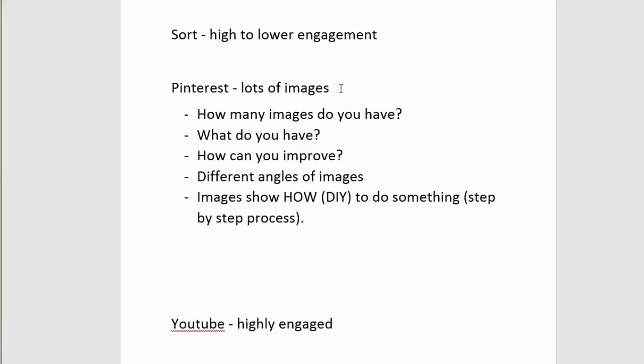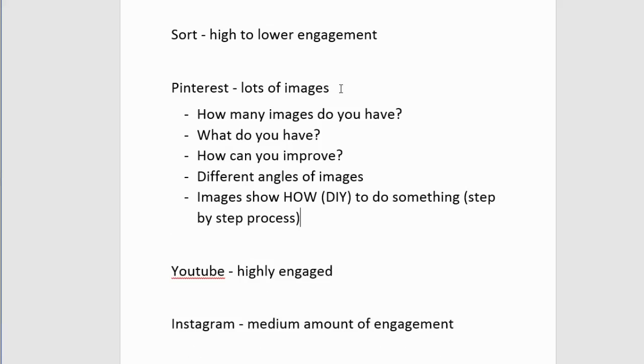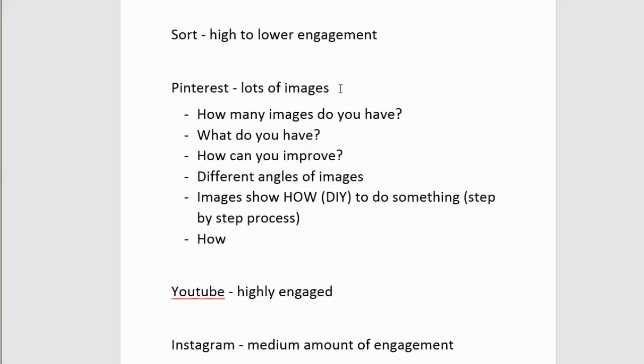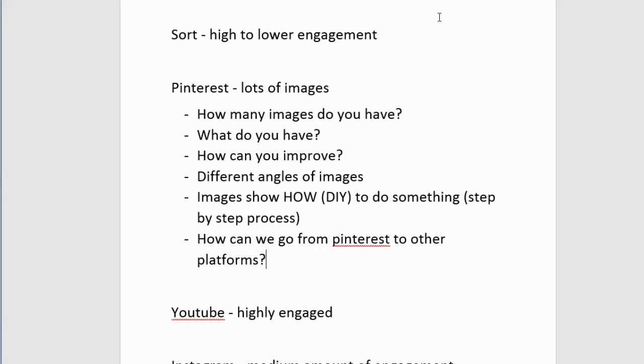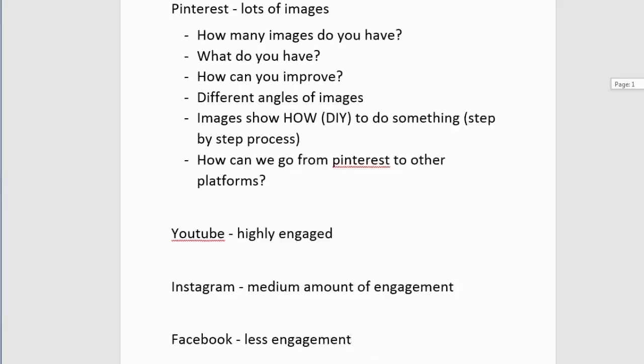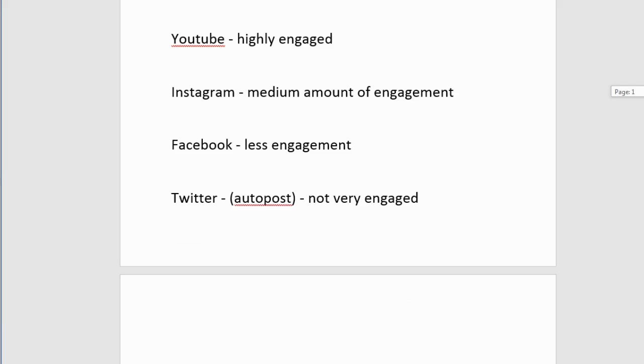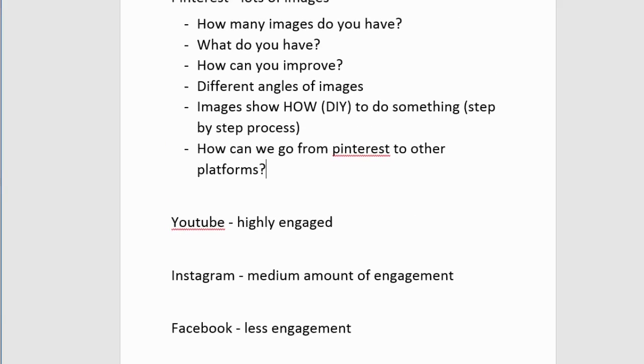Now, in terms of automation, and this is going to apply to everyone, how can we go from Pinterest to other platforms? If we take a look at the other platforms, we have YouTube, Instagram, Facebook, and Twitter. Obviously with YouTube, you can't really auto post an image because YouTube has videos.